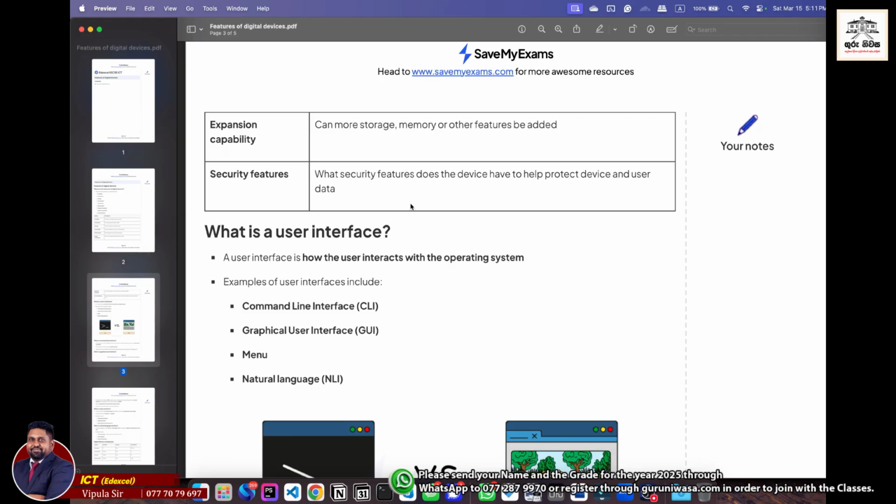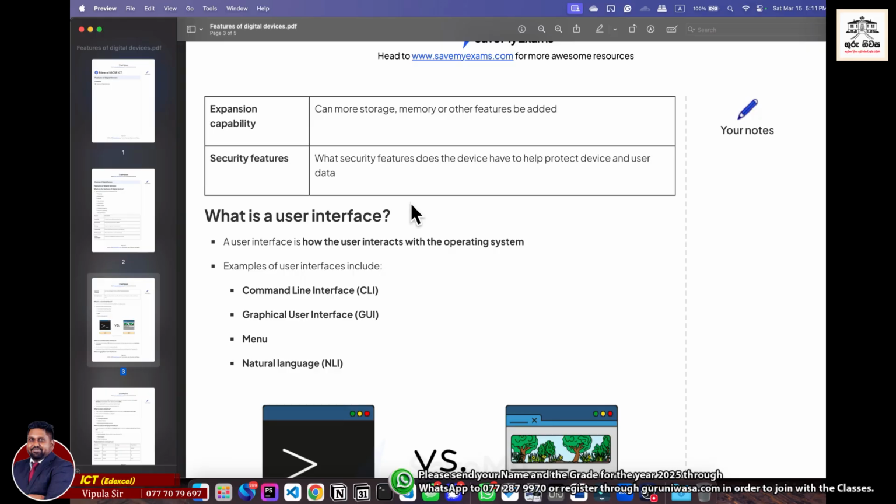For example, if I can hack into your phone and see your personal data, that's going to be a big problem, right? Your phone might have your personal messages, your bank information, pictures, call histories, and all these things, right? So everything must be protected in a way so that a person who does not have access should not be able to see it. So that's about the security.